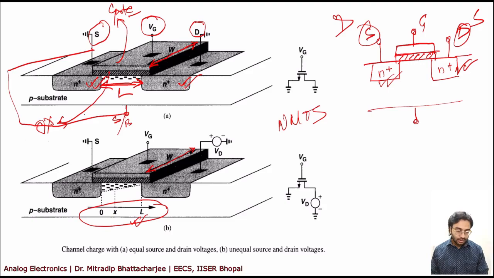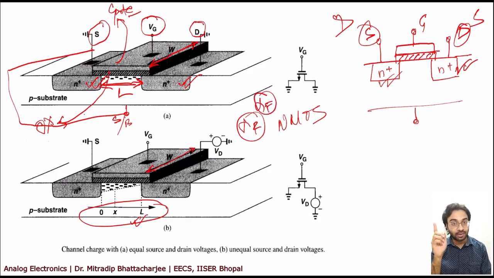There is an alpha R value. In case of BJT, there is a difference between alpha F and alpha R, because when you use the BJT in reverse order you get the alpha R value, and usually these two are not equal.